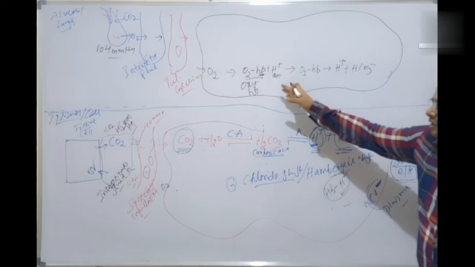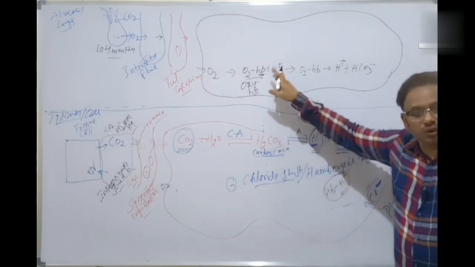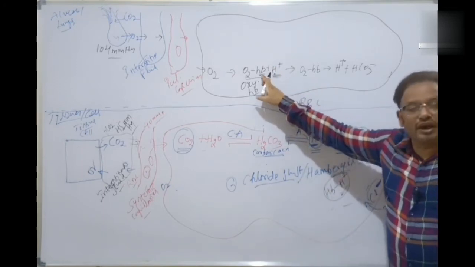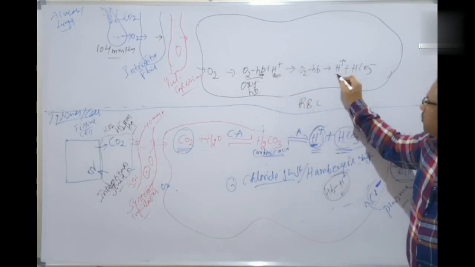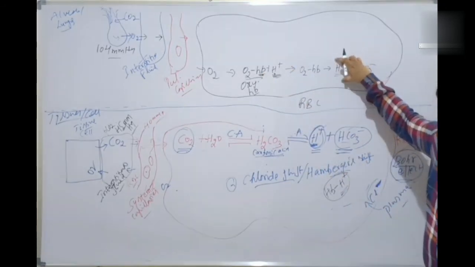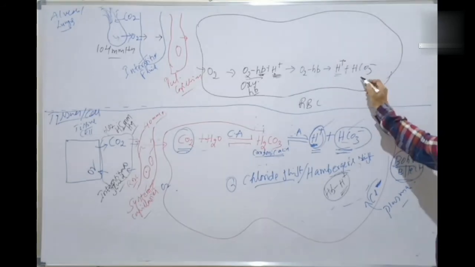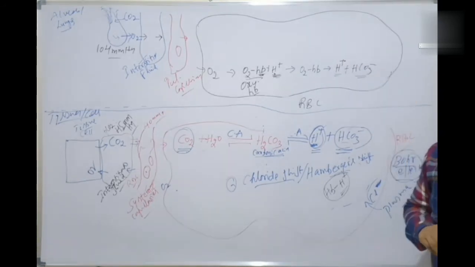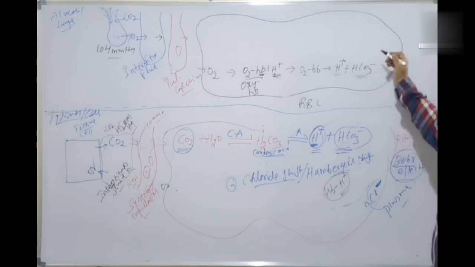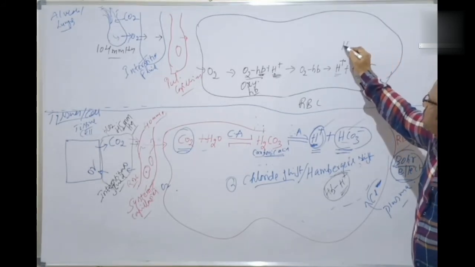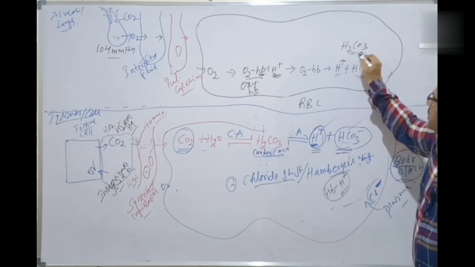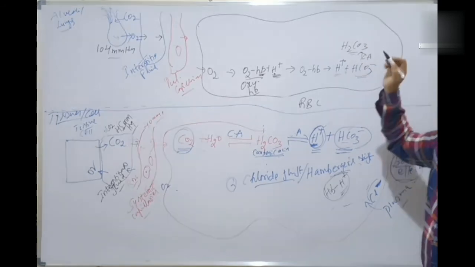Hemoglobin is leaving this H plus ion because it is binding with oxygen. H plus ion combines with HCO3 minus ion. Then, as you know, it forms H2CO3, carbonic acid again, in the presence of carbonic anhydrase.